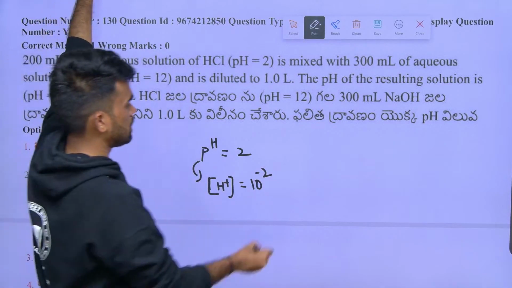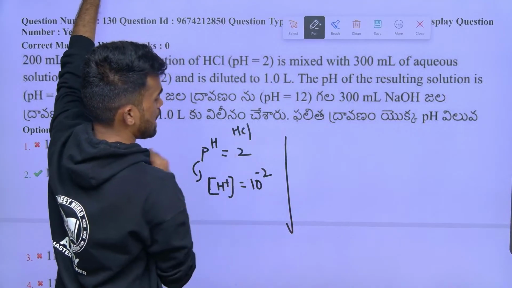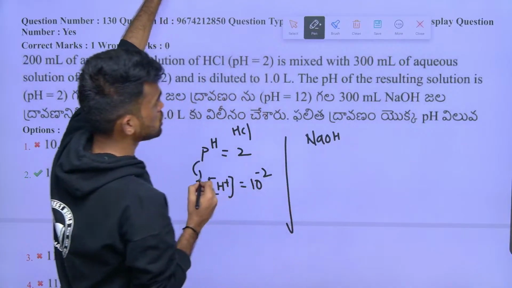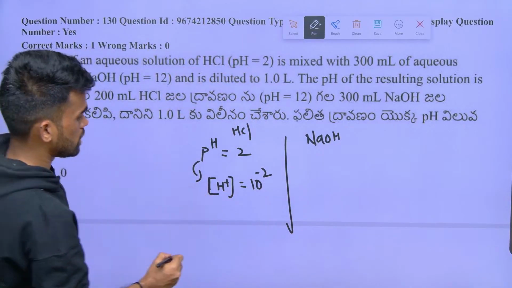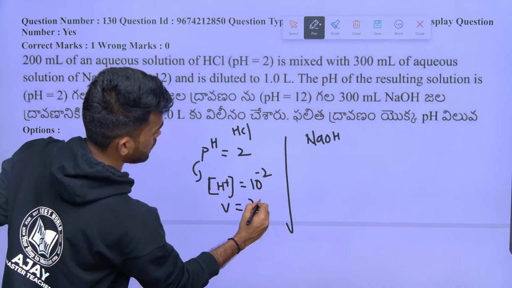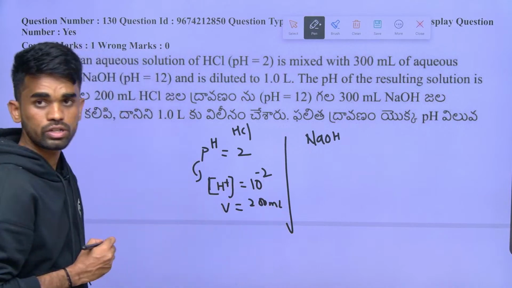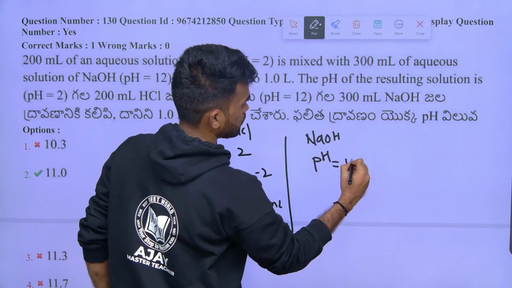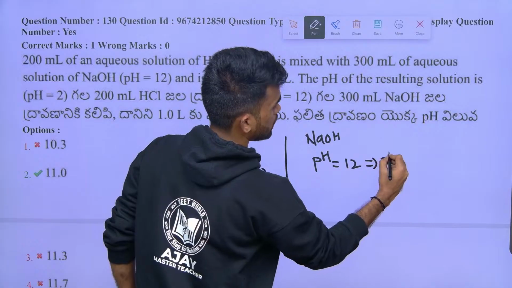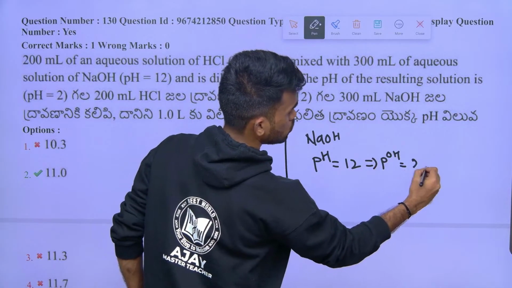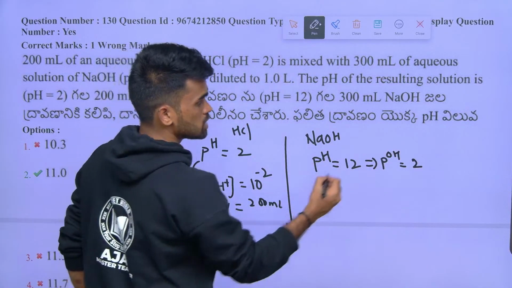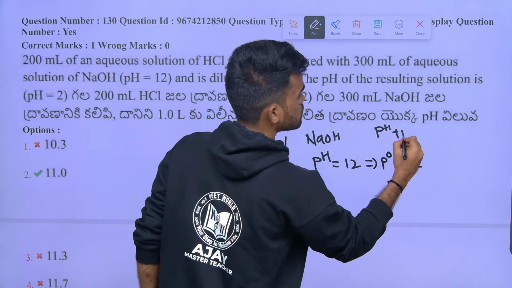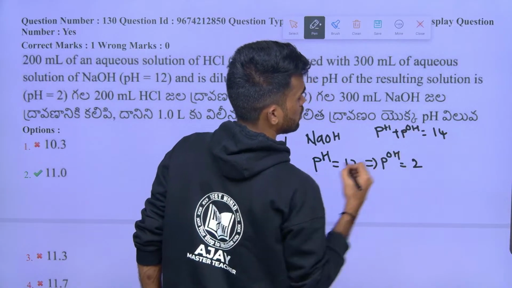Similarly, this is for HCl, which is an acid. Now we have NaOH, which is a base. Here the concentration and volume are mentioned as 200 ml, and NaOH pH is mentioned as 12, therefore pOH will be 2. Why? Because pH plus pOH equals 14 at 25 degrees Celsius.